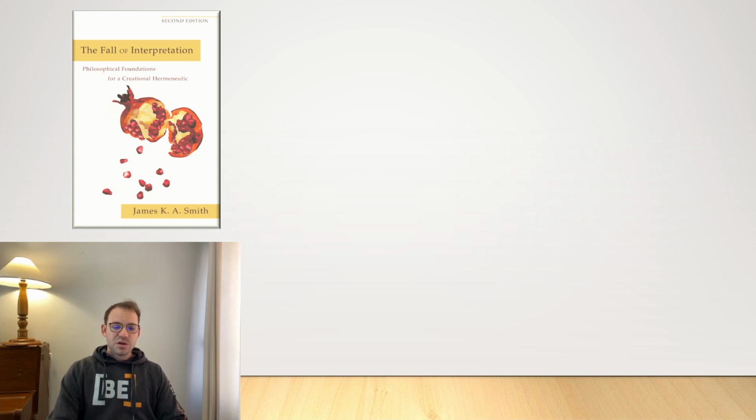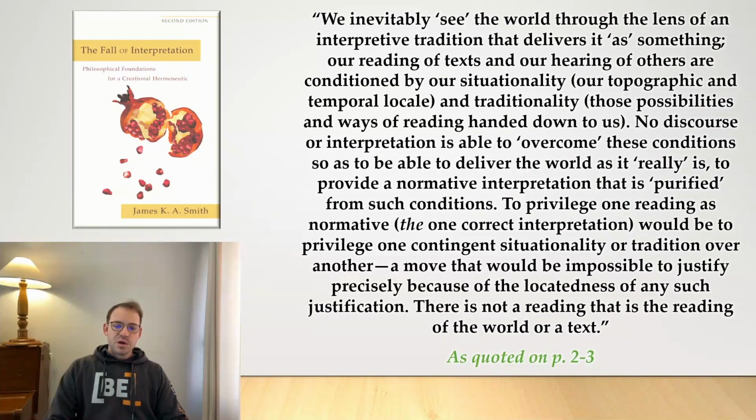So we find this in James Smith's book, The Fall of Interpretation. He writes, "We inevitably see the world through the lens of an interpretive tradition that delivers it as something. Our reading of texts and our hearing of others are conditioned by our situationality," and he explains that, "and our traditionality," and he explains that as well.